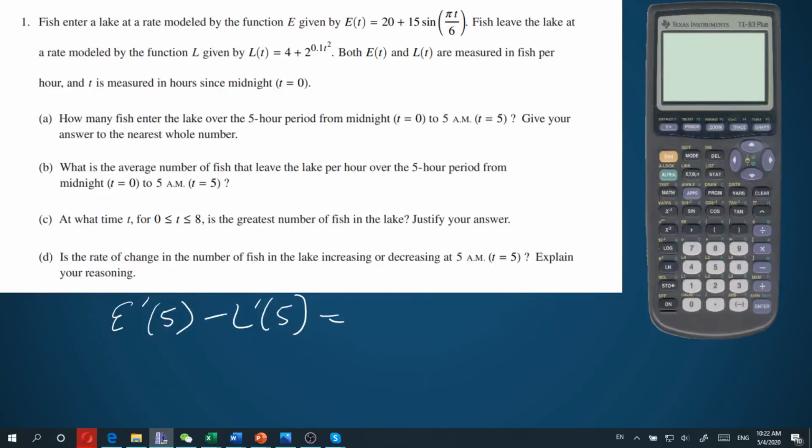And we'll get that in the calculator again. Okay, so I've got my difference is negative 10.7228.